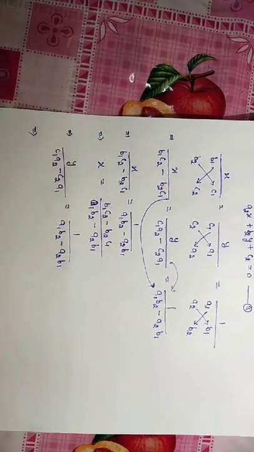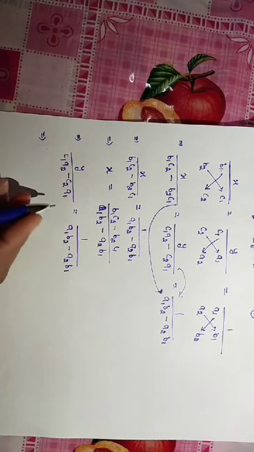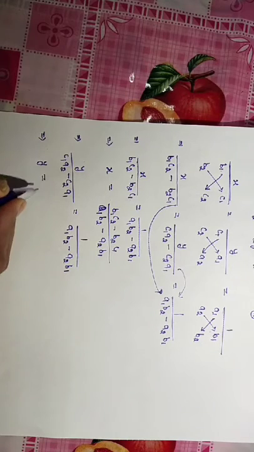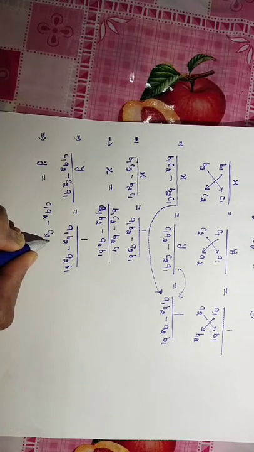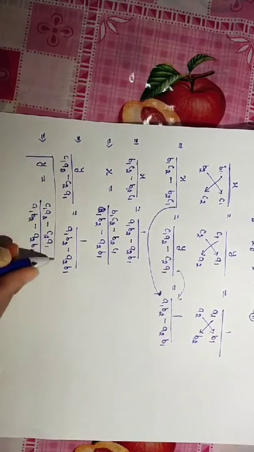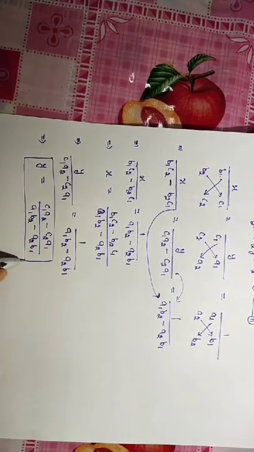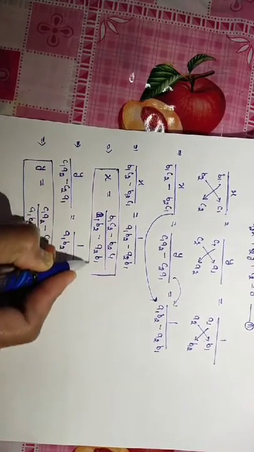For finding the value of y, we transfer the denominator of y to the RHS and we get y equal to c1 a2 minus c2 a1 upon a1 b2 minus a2 b1. This is the value of y and this is the value of x.